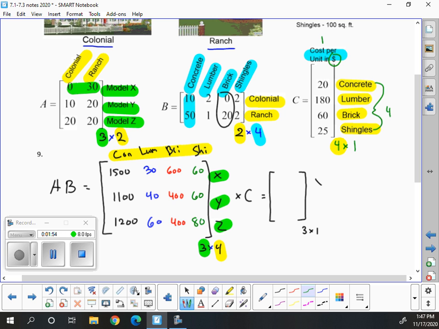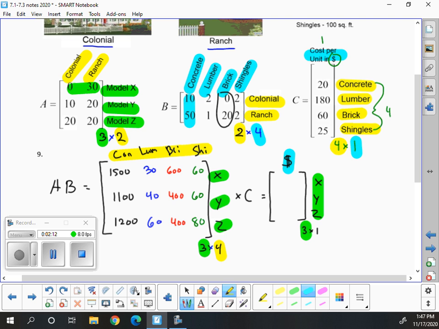This will be Model X, Model Y, and Model Z. And this will be the cost in dollars. These come from over there, and this comes from matrix C.